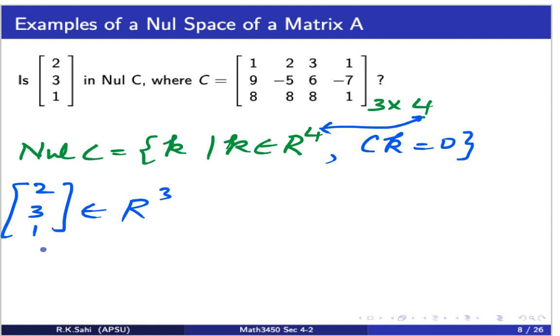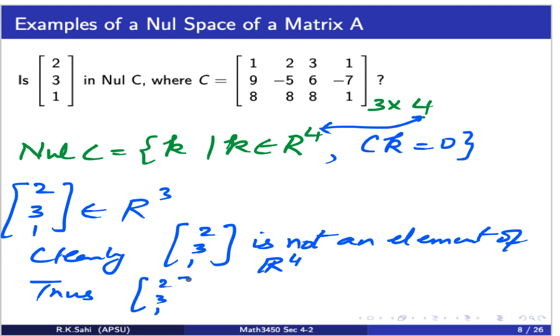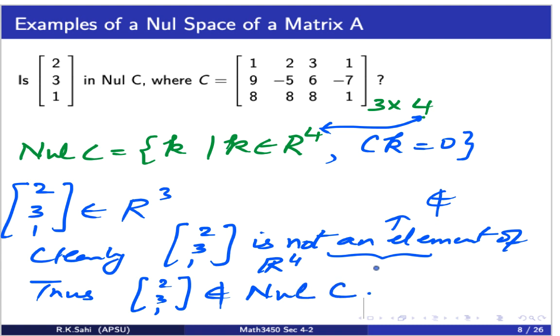So clearly, the vector 2, 3, 1 is not an element of R4. Thus, this vector 2, 3, 1 is not an element of the null space of C. Okay?